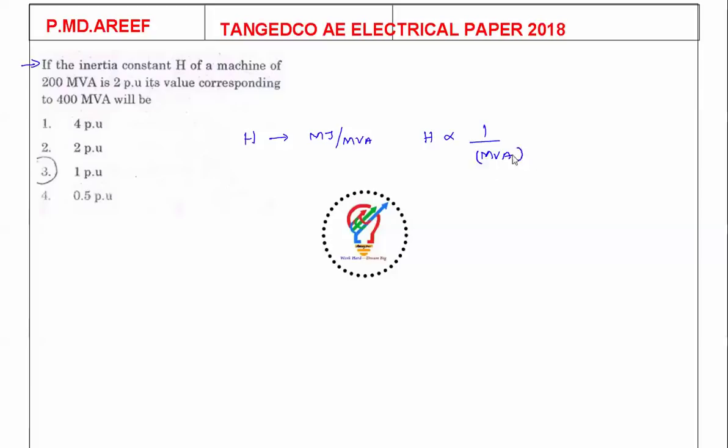Let the MVA rating be G. So H2 by H1 is equal to G1 by G2. So H2 is equal to MVA rating 1 divided by MVA rating 2 into H1. What is the MVA rating 1? G1 is 200, into H1 is 2, divided by 400, which is nothing but 1 per unit. So the answer here is 3.